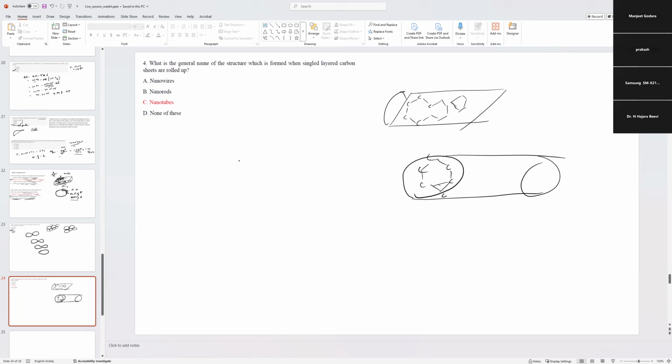Since it's hollow in the center, it's a tube. Nanowires and nanorods are both solid structures where there's no hollow, empty space inside. Whereas if you roll this sheet up into a cylinder, you get a tube, a nanotube.